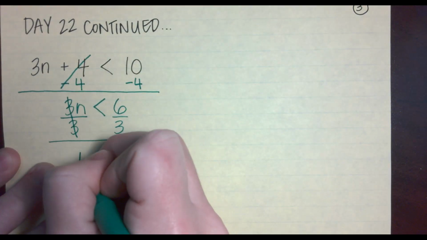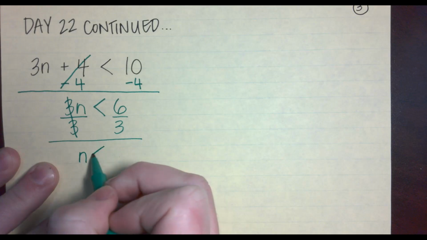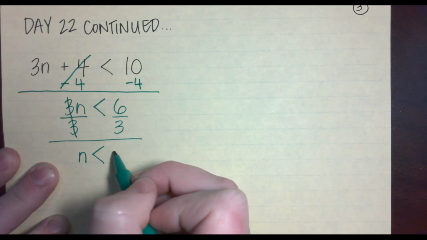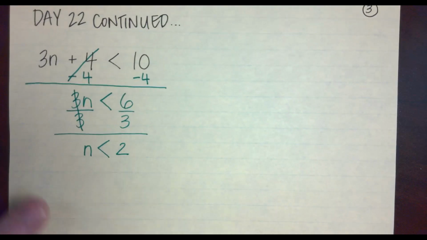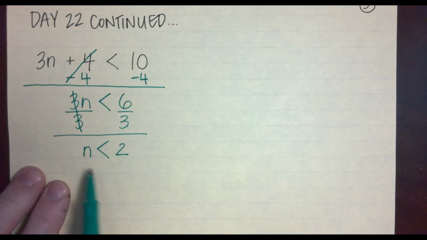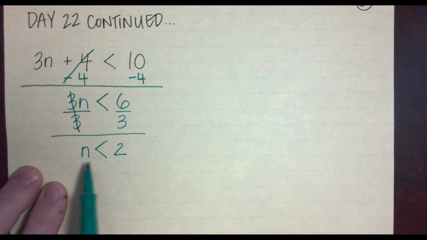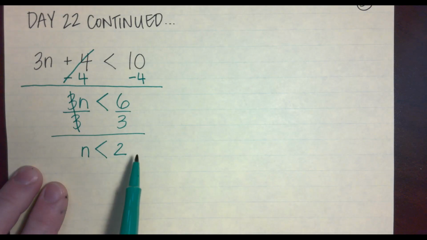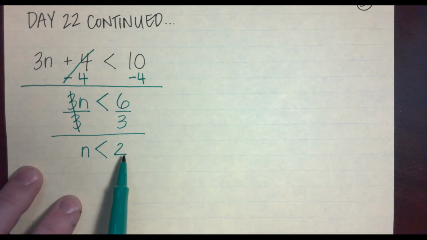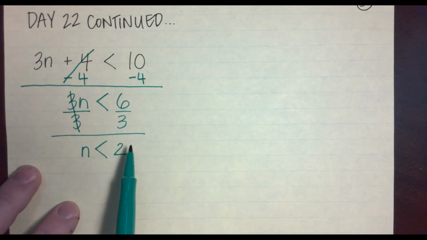Yep, now my n is all alone, less than 6 divided by 3? 2. Good. So now I know that my answer is any number that is less than 2. Can it be 2? No, it cannot. It can only be a number smaller than 2.